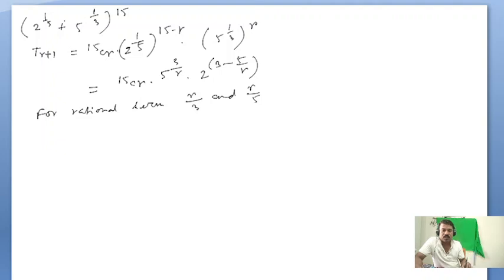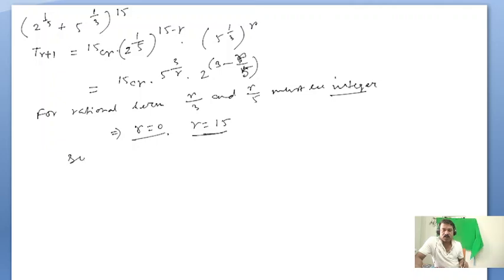Here I have made a mistake, that is this is r by 5. Therefore either r equals 0 or r equals 15 here.